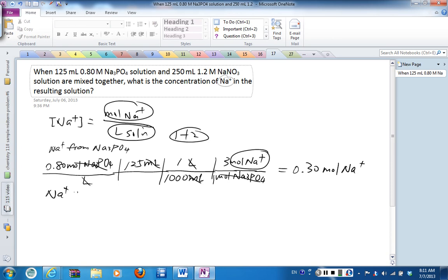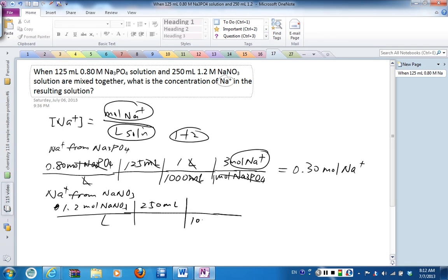Similarly, sodium from the second solution, sodium nitrate, 1.2 mole sodium nitrate per liter of solution, 250 milliliter this time, 1000 milliliter, 1 liter again, to make sure the units cancel right.